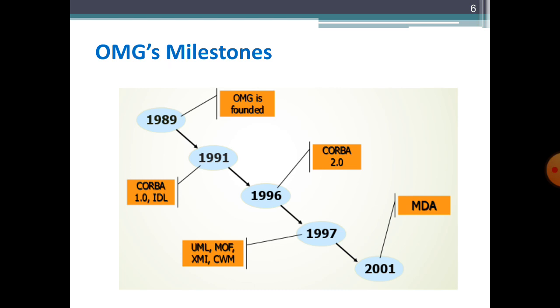Now this is about how model driven architecture was developed. Students, you need to note one thing: model driven engineering and model driven architecture are often treated as the same thing. Model driven engineering has its root in model driven architecture, which was developed by the OMG group, an acronym for Object Management Group, in 2001 as a new software development paradigm.